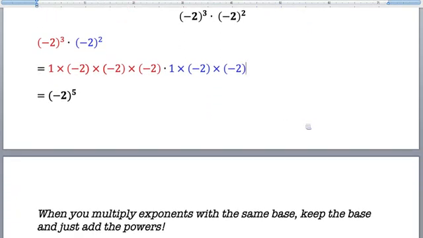When you multiply exponents with the same base, all you have to do is keep the base the same in your answer, and then add the powers that you had. So in this case, they both had negative 2 for their bases, so negative 2 was in the answer, and then we just added 3 plus 2, which was 5. Just make sure that you added them correctly and not accidentally multiply like I did. I did 3 times 2, which was 6, and then I was off.